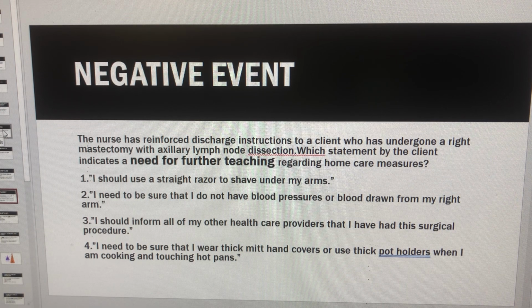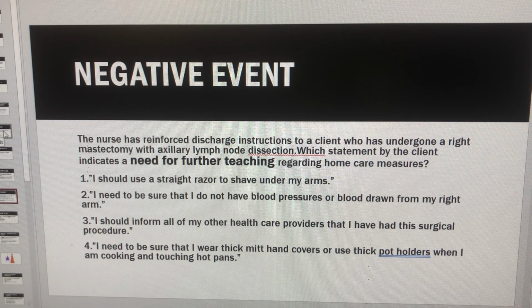This question is an example of a negative event query. Note the strategic words need for further teaching. These strategic words indicate that you need to select an option that identifies an incorrect client statement. Recall that edema and infection are concerns with this client due to the removal of lymph nodes in the surgical area.